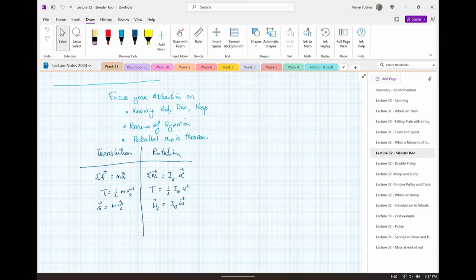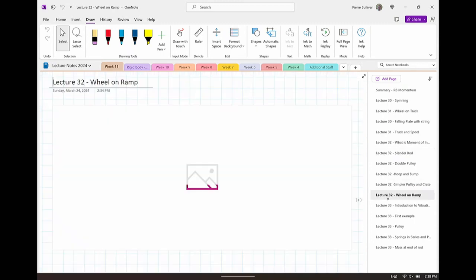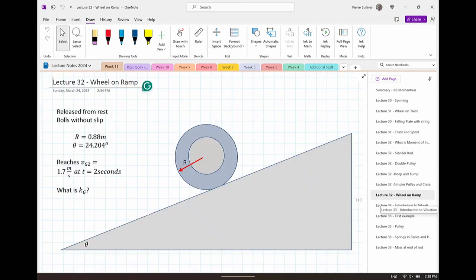You should not spend a lot of time other than to say, okay, I've got a slender rod, it's 1/12 ml squared. I've got a disk, it's 1/2 mr squared. Or, for example, there's question 5 on the assignment. You're given the radius of gyration of a spool, knowing that that is going to be mr squared. Yeah, that's the one. Okay.